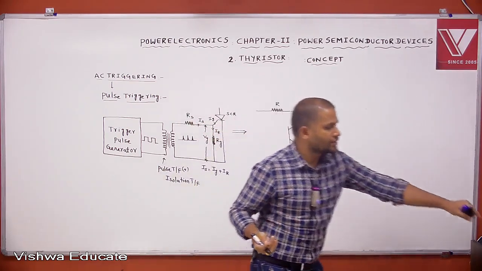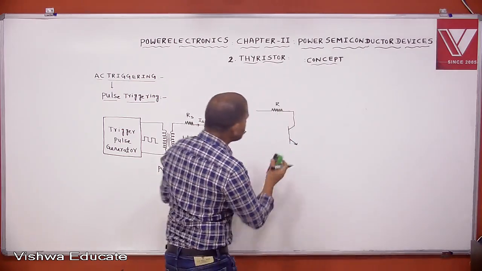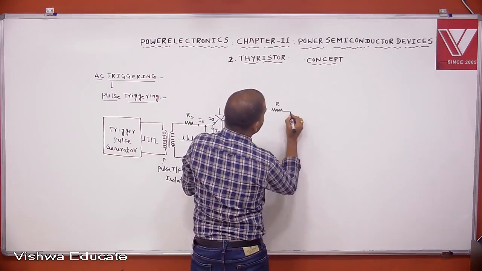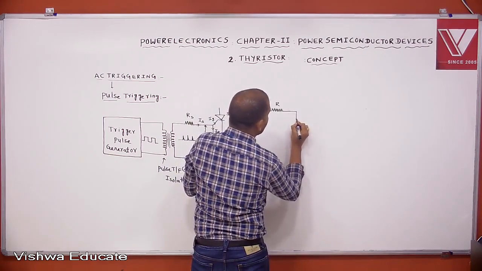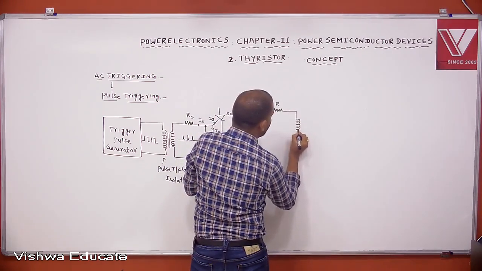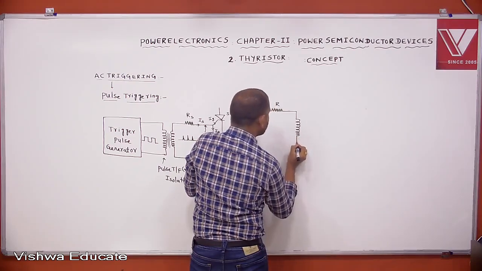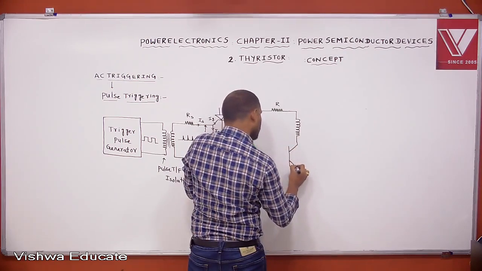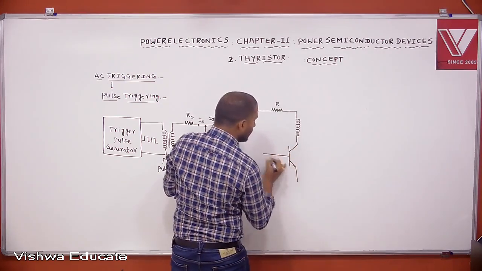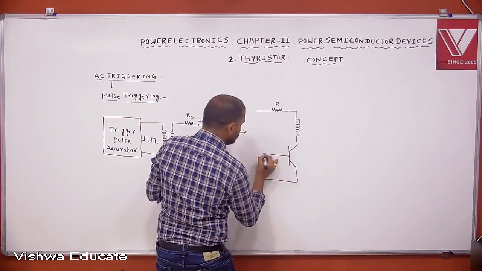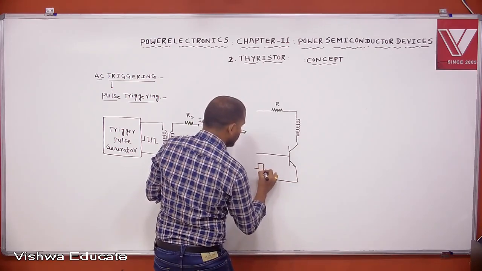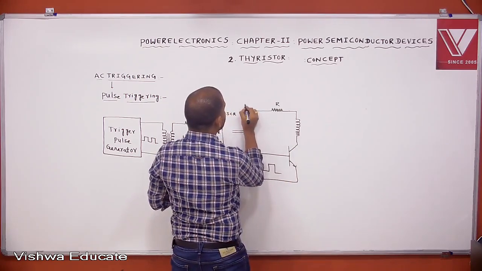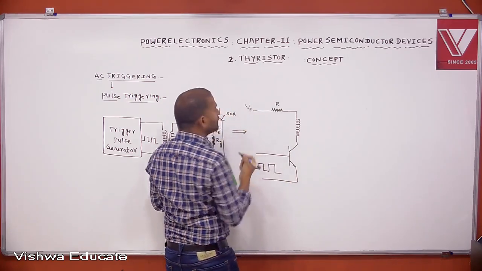We use a pulse transformer or isolation transformer first. In this practical trigger circuit, these are the pulses, and this is the primary voltage VP.